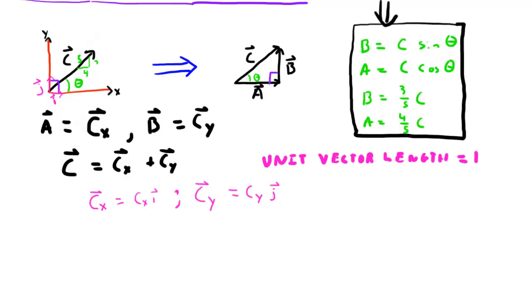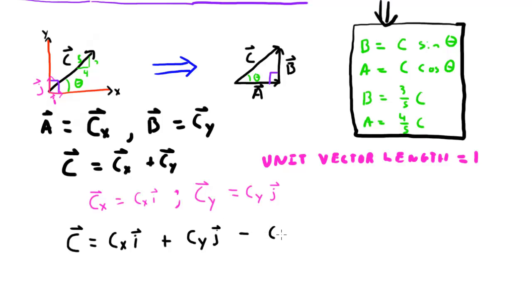This means that we can represent our original vector C a little bit differently. So our vector C can now be represented as the magnitude of the x component of the vector C times the unit vector i, plus the magnitude of the y component of the vector C times the unit vector j.